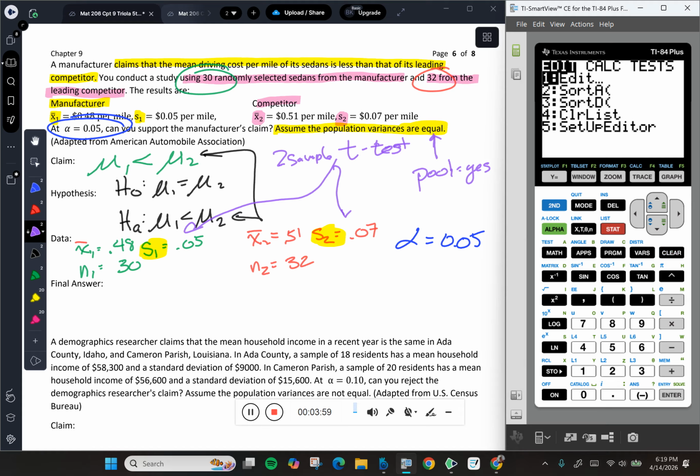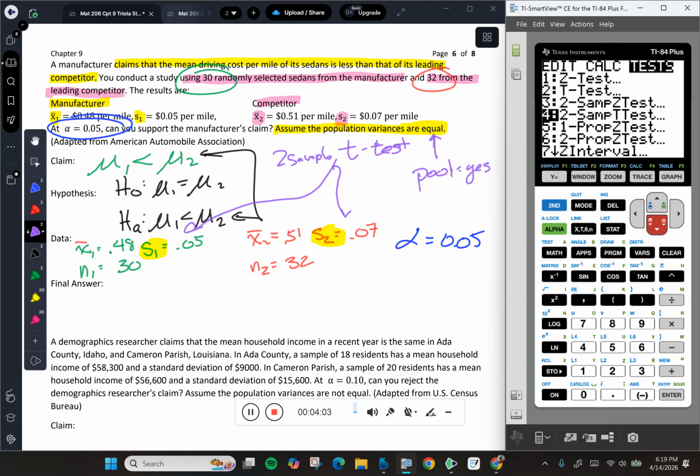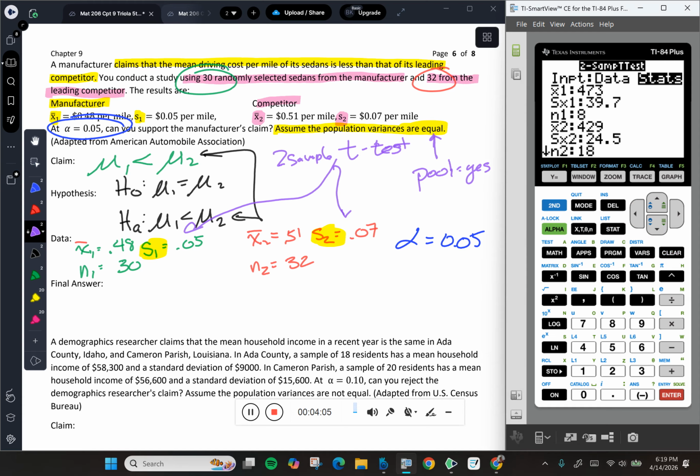All right, so I think I've got everything. If I run into an issue, I can always come back, but I know that I'm running a two-sample t-test because of sample standard deviations. I know that I have stats. My x bar sub 1 is 0.48. My standard deviation for group 1 is 0.05. My sample size is that 30, so it makes it big enough. Okay. My x bar sub 2 is 0.51. Whoops, 1.